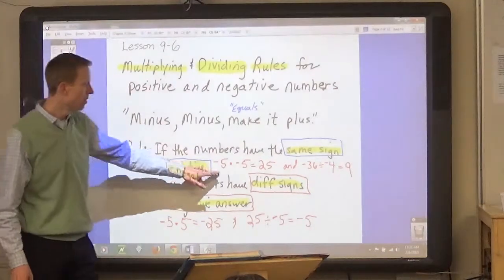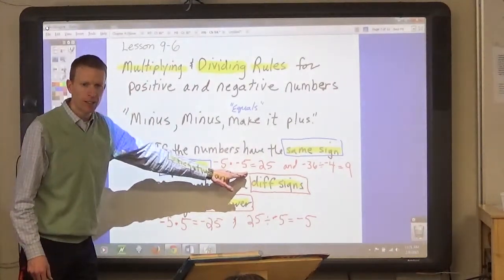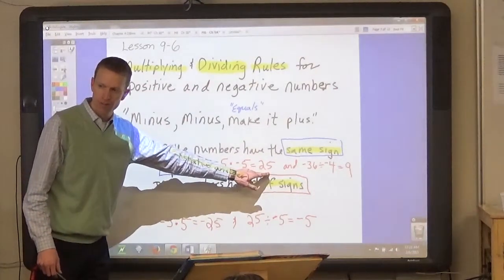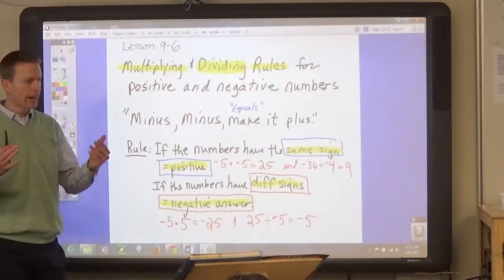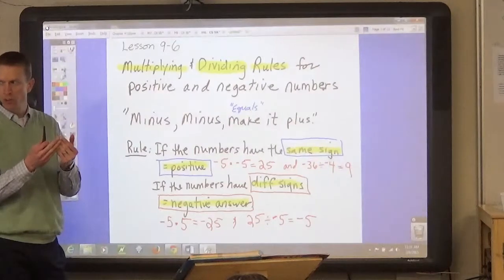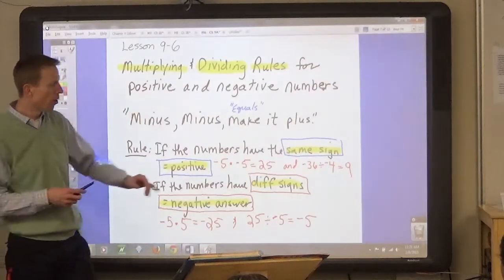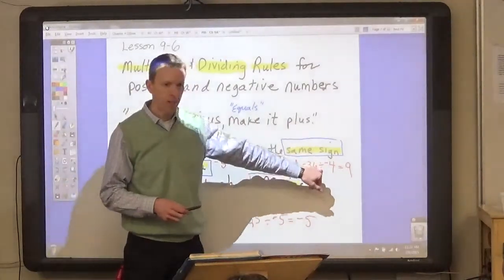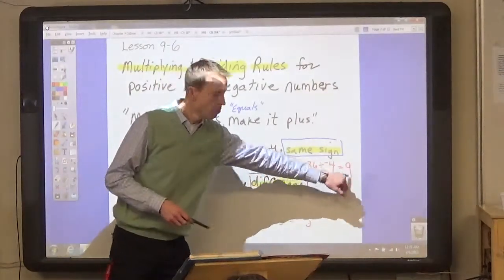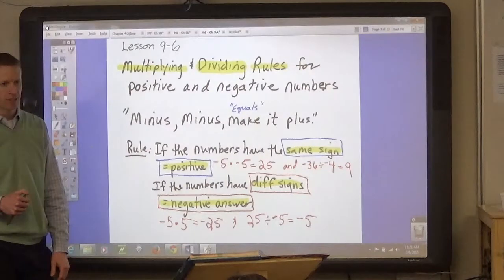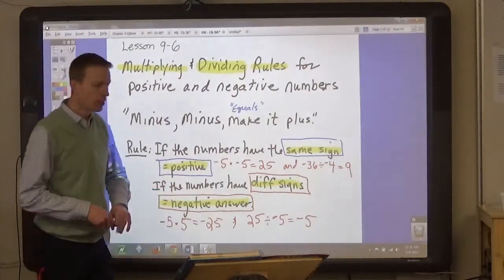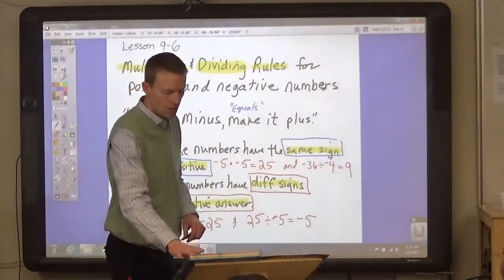Negative 5 times negative 5 is positive 25. It's like the minus signs again cancel each other out when you're multiplying or dividing. Or negative 36 divided by negative 4 is positive 9. Okay? So when you follow those simple rules, you'll get the right answer.